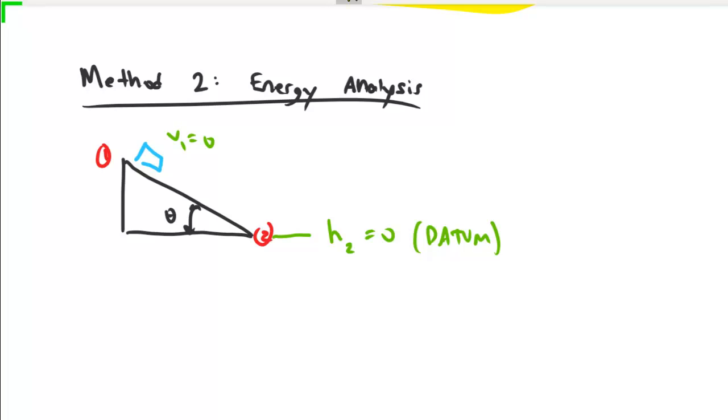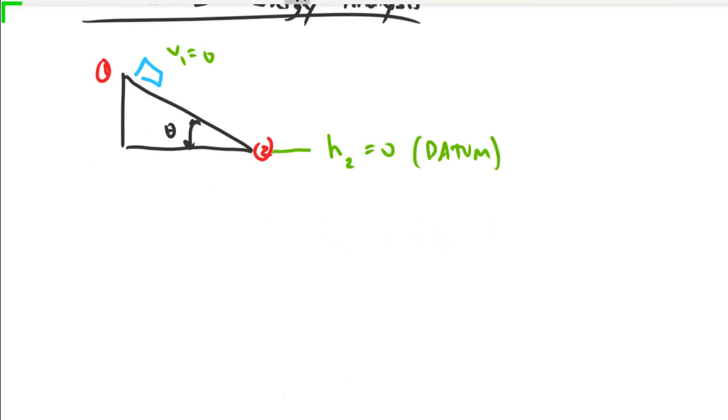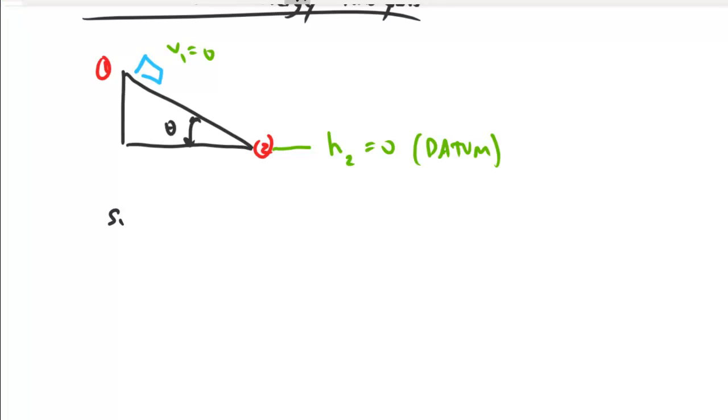And since there's no friction, the coefficient of kinetic friction is 0. This is the way I was saying it's frictionless.